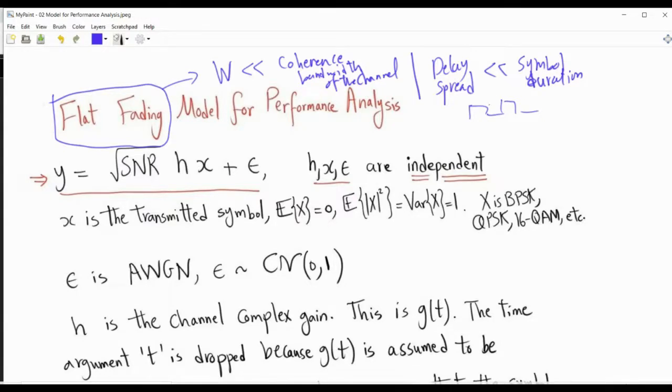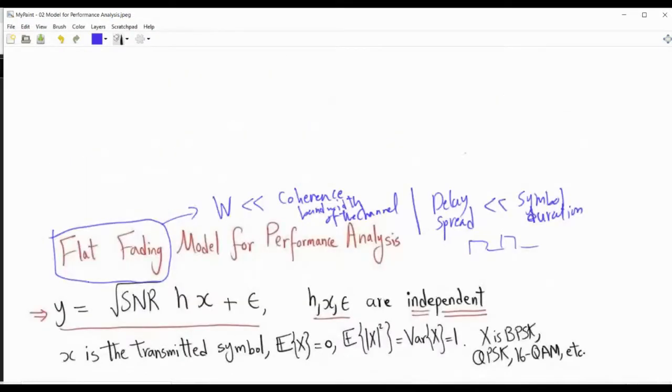So your received signal is not a linear combination of symbols or an integral or anything. Your received signal is just one symbol multiplied by a complex number, denoting the effect of the channel in terms of magnitude and phase. Our general model is this.